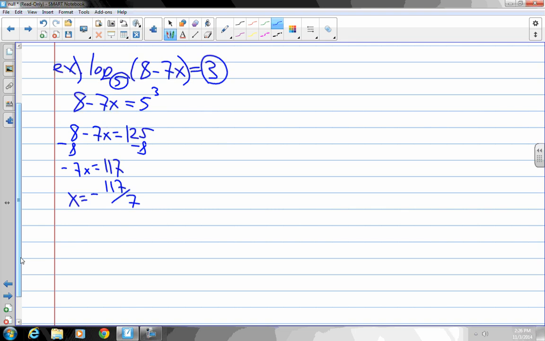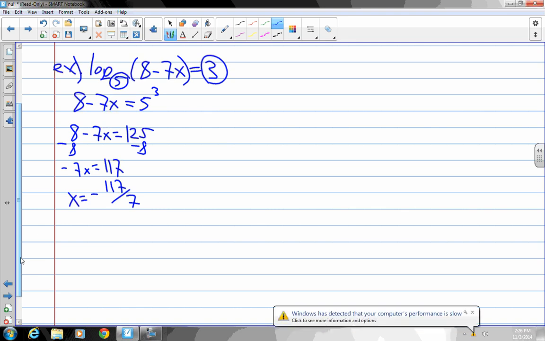Log is only defined on a positive real number. So you have to make sure whatever answer you get does not turn the inside of the log negative. But negative 117 times negative 7 gives something positive, so we're good. That's the check. Make sure the insides of every log in your equation remain positive. Not even 0. You cannot have 0 inside the log. That's also undefined. So strictly positive.